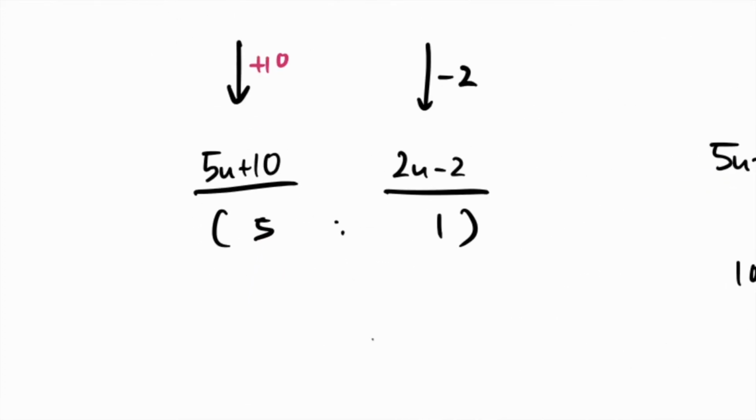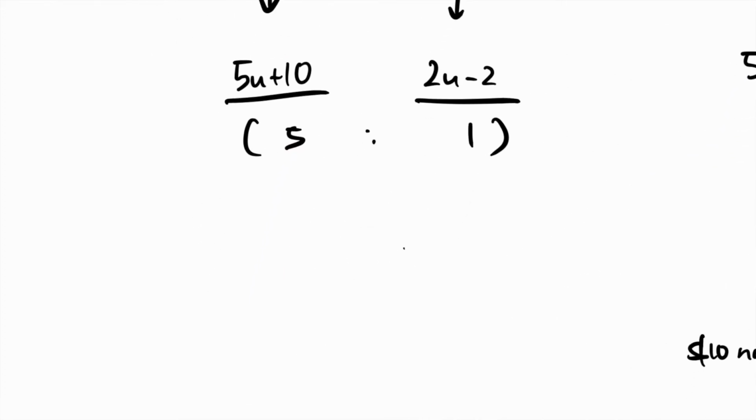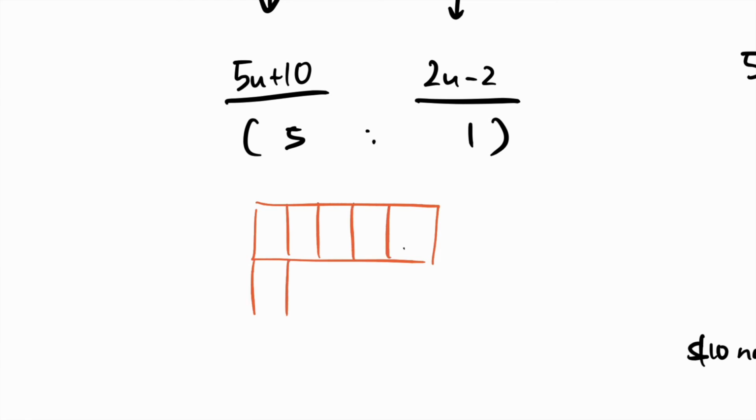Okay, look at this right here. The way I like to visualize what's going on is this. So imagine 5 units here like that, right? 1, 2, 3, 4, 5, and this is 1 unit. Now this right here is 5U plus 10, and this right here is 2U minus 2. Okay, now do you realize that if I multiply this by 5, what do I mean by that?